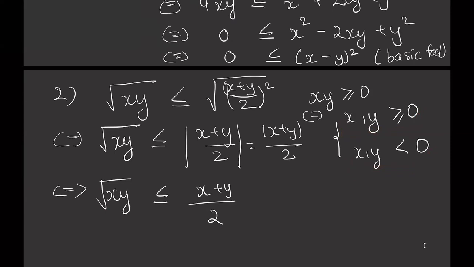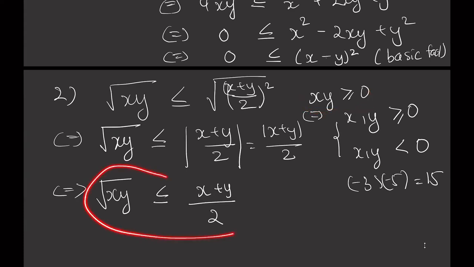Yep, when xy is greater than or equal to 0. If x and y are both negative, like -3 and -5, if you multiply them together it is 15, still greater than or equal to 0. But why does this inequality not hold true for xy smaller than 0? Then the left side will be greater than the right side.